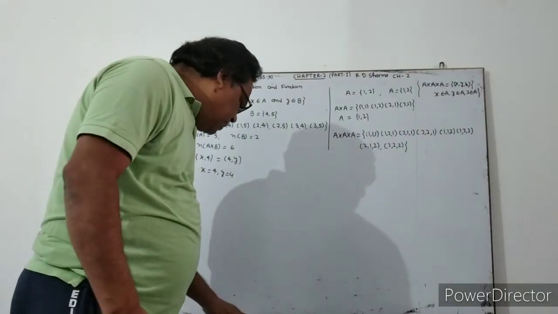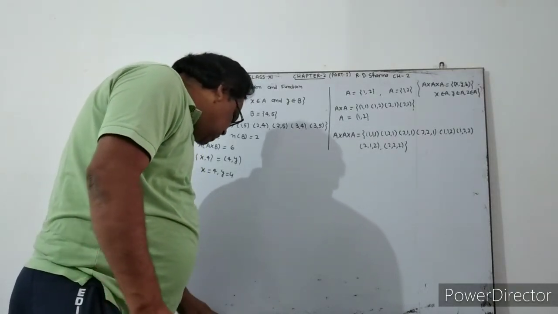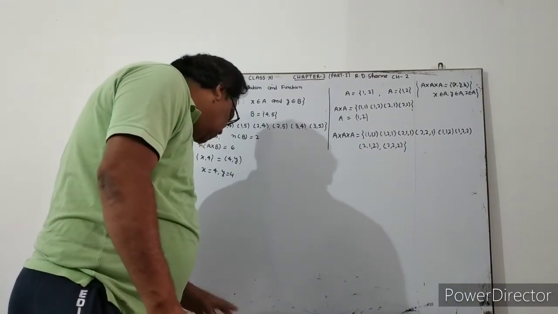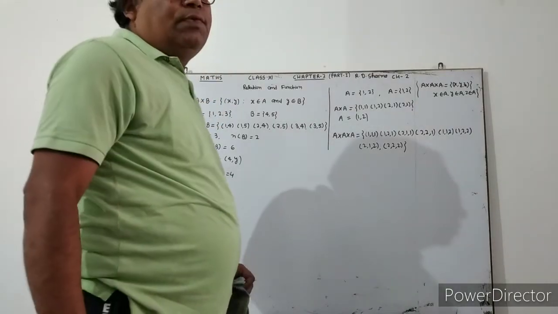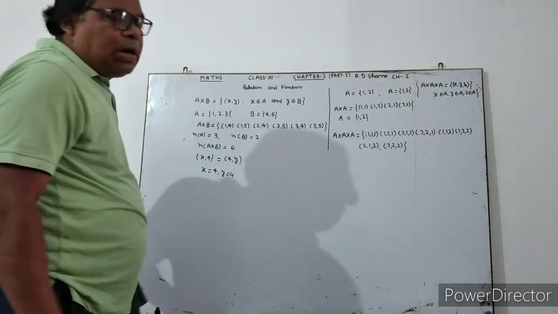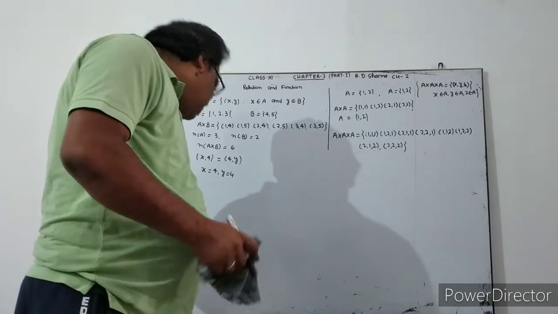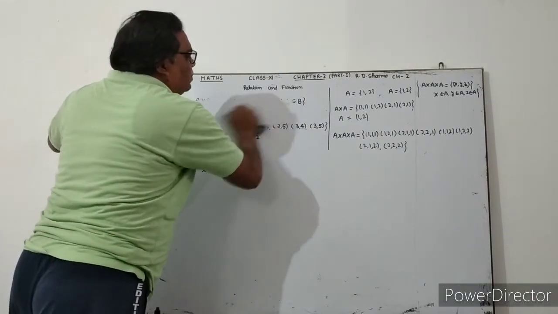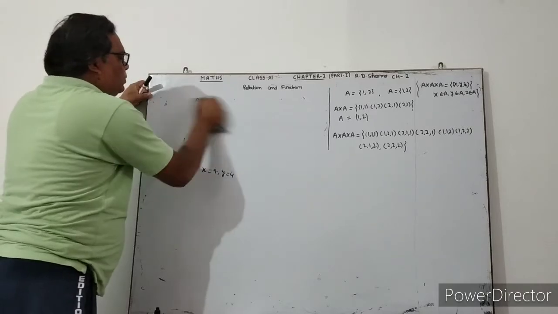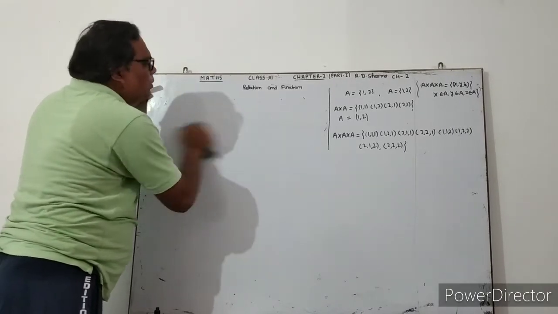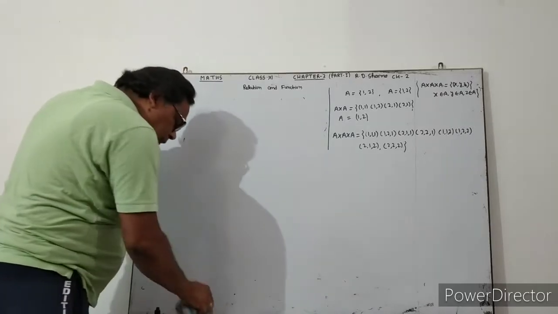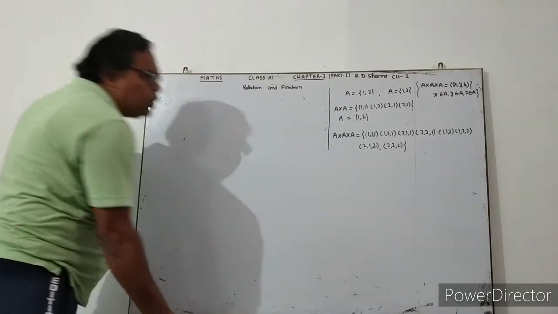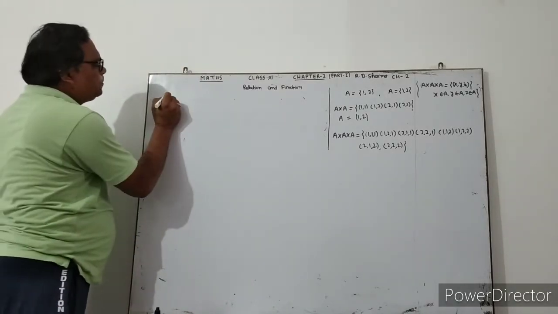Now we discuss the example of the NCERT exercise, example 3. Example 3 first part. Example 3 has 4 parts, I will explain the other parts as well. Example 3 first part, page number 32.